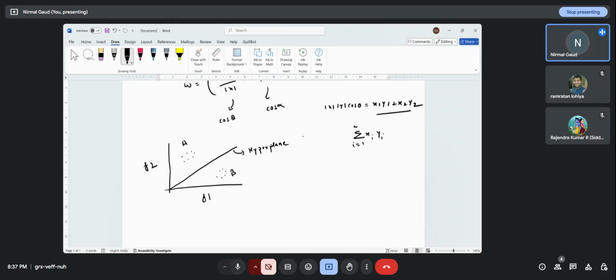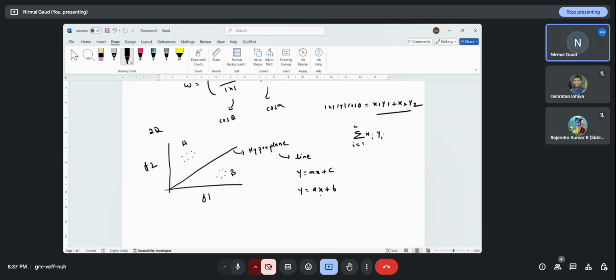Since we are dealing with the basic case, linearly separable 2D data, the hyperplane is obviously a line, and the equation of a line is y equal to mx plus c, which I have written as y equal to ax plus b.